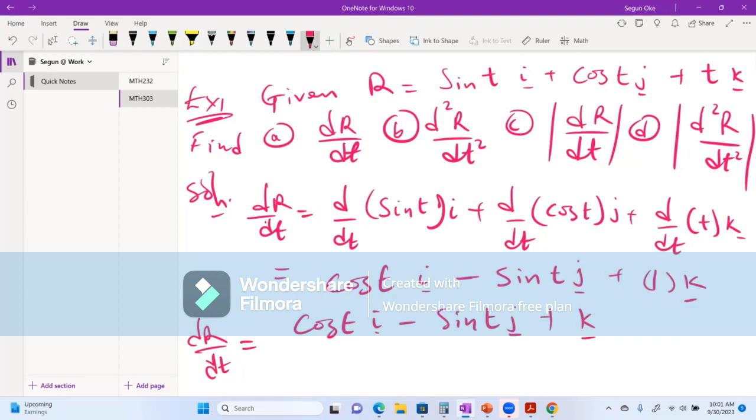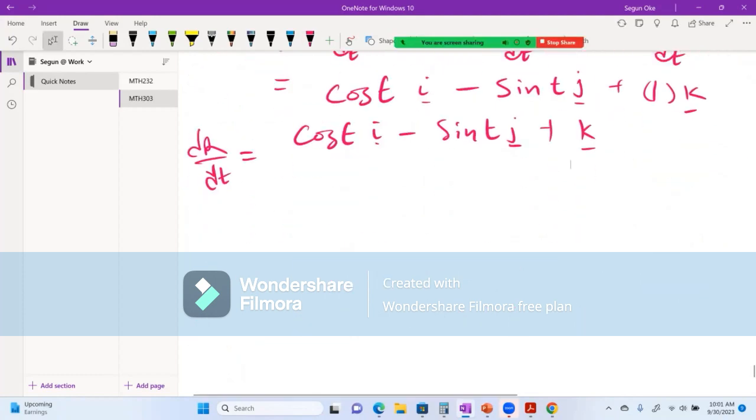Am I communicating? Yes, sir. Okay. k is still k. So we can proceed by saying that. So what do we need to do at this point? This is what they asked you to solve for A.